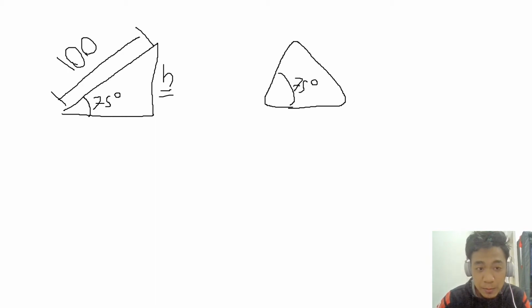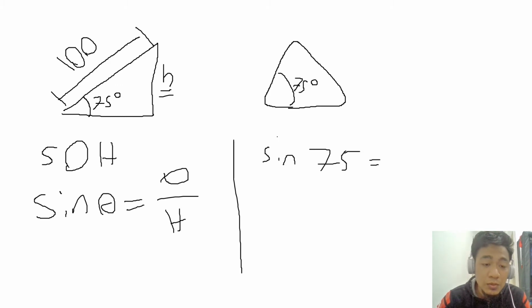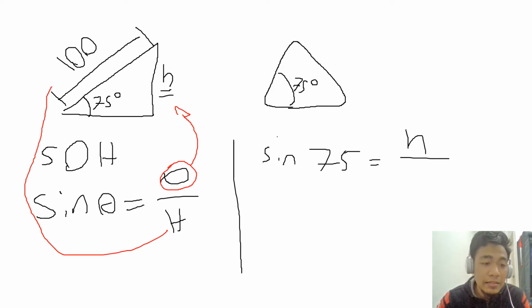So we use the sine trigonometry method: sine theta equals opposite over hypotenuse. So sine 75 equals opposite, which is the height H, over the hypotenuse, which is 100.